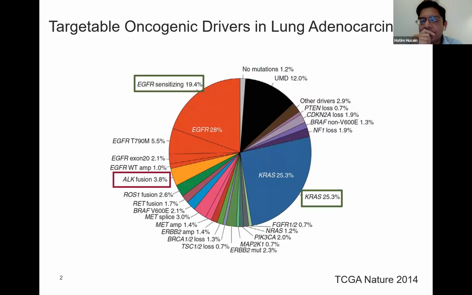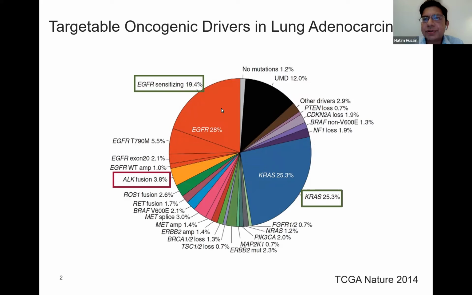This is setting the stage: what we know in lung cancer has been defined by diagnostics. It's been a poster child to understand how diverse patients can be from the lens of somatic mutations.